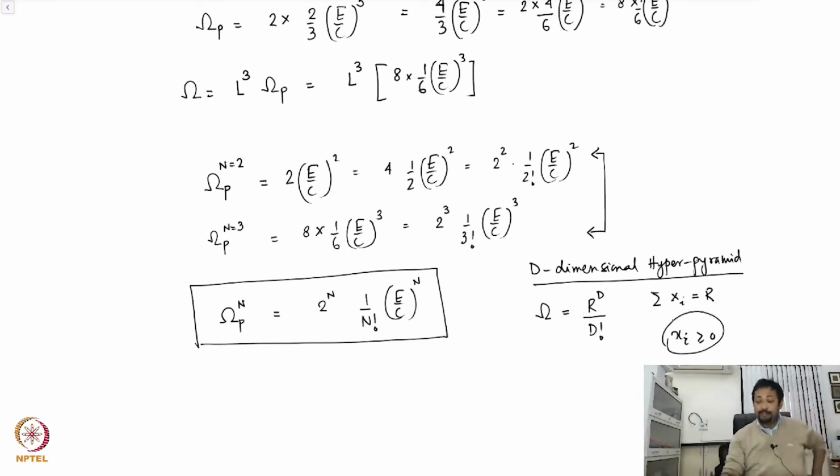If you impose this xi greater than 0, then you have this expression. If you say that, look, I do not want to impose it, then you will come up with this additional factor of 2. And here the additional factor of 2 comes in because the momenta can be either positive or negative.